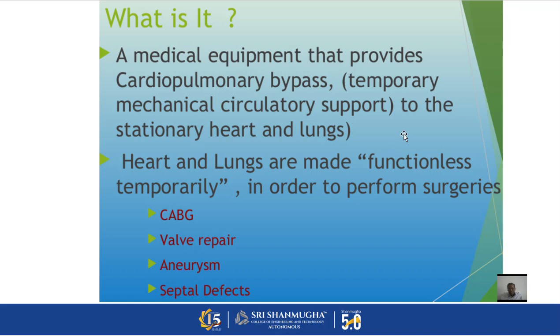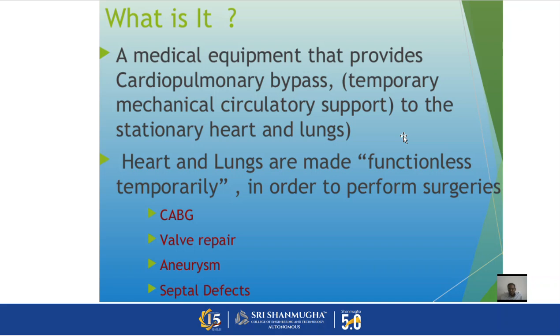Sometimes we need surgery in the heart itself. In that case, the circulation should not be stopped because the circulation is giving nutrition to the cells, and oxygen and carbon dioxide are to be eliminated. So these are some important functions.